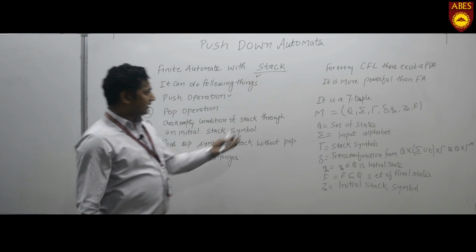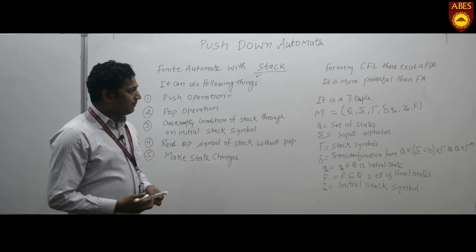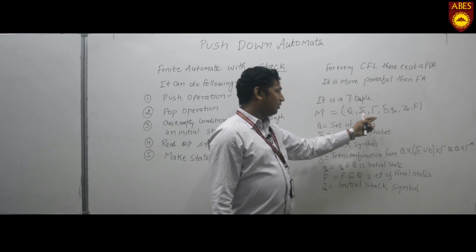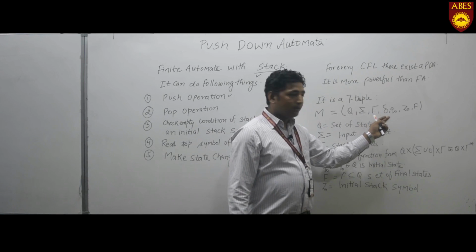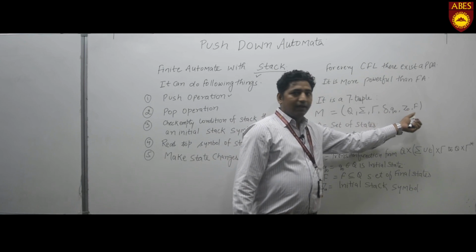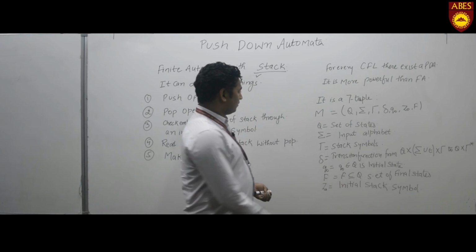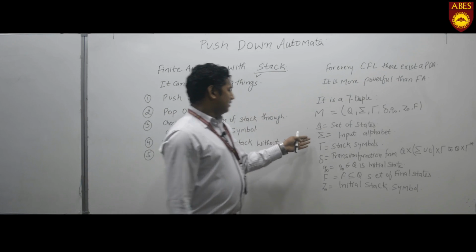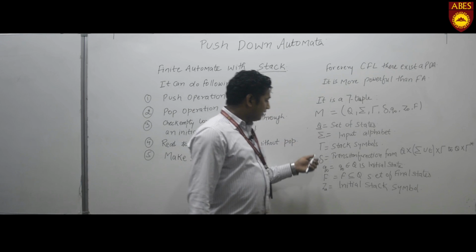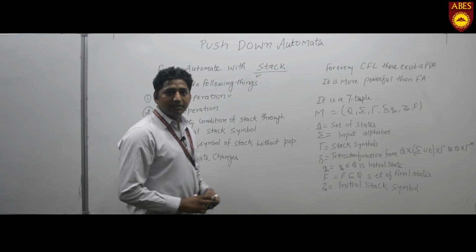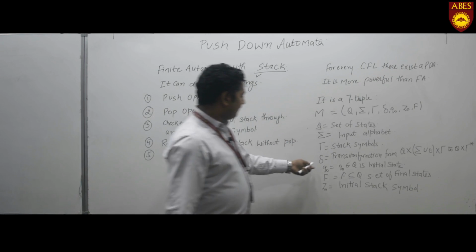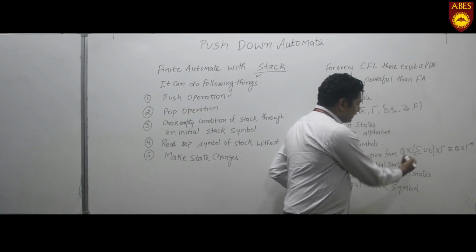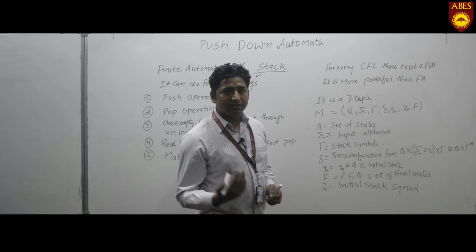Technically, we can say it is a 7-tuple machine. M is equal to Q, sigma, tau, transition function delta, Q naught, Z naught and F. Q is the set of states, sigma is the input alphabet, and tau is the stack symbols. Then we have the delta transition function, which does the mapping from one state to another.